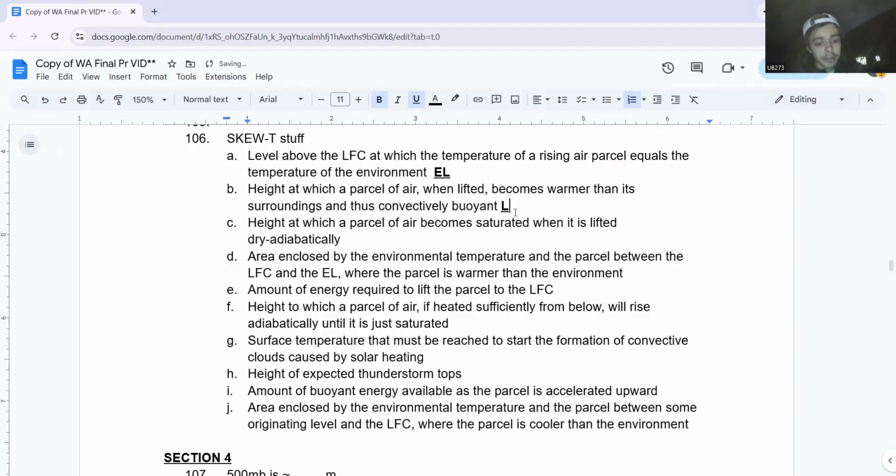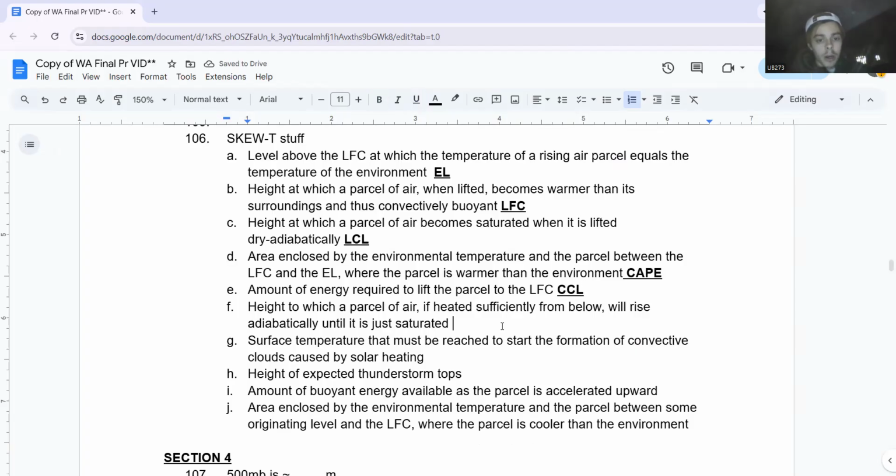That's the LFC. The height at which a parcel becomes saturated. Oh, we know that, LCL. The area enclosed by the environmental temperature and the parcel. We know that's the CAPE. The amount of energy required to lift the parcel to the LFC is the CCL.